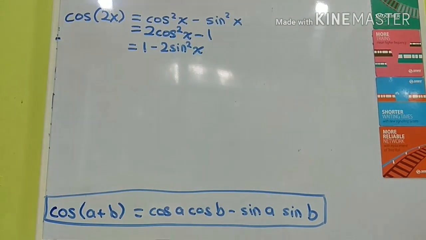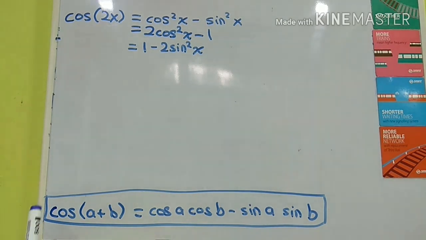Alright, this is the second identity. The cosine of 2 multiplied by x is equal to the cosine square of x minus sine square of x, which equals 2 cosine square of x minus 1, which is equal to 1 minus 2 sine square of x.